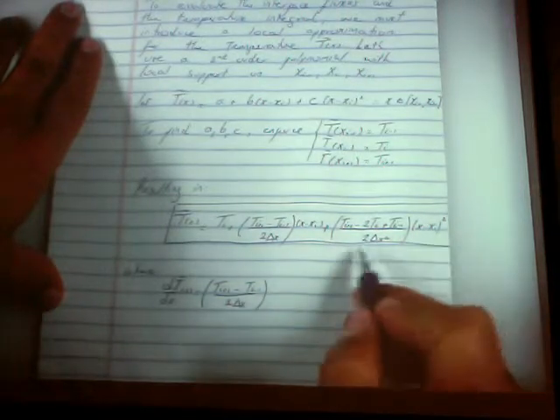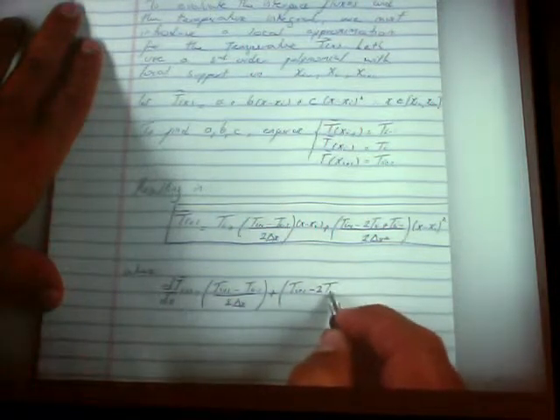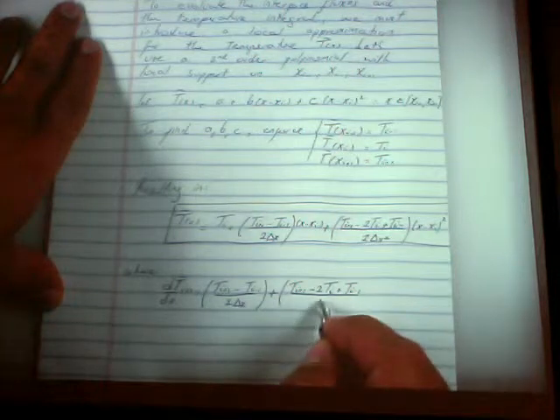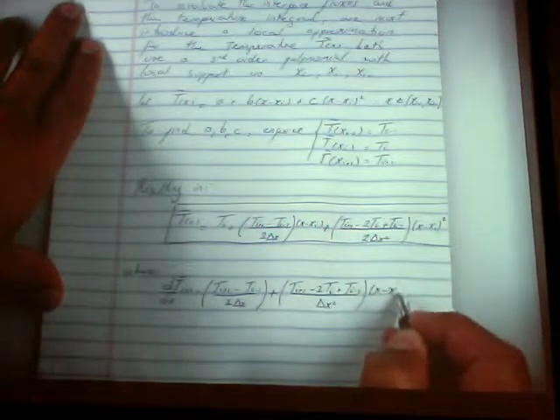It would be (T_i plus 1 minus T_i minus 1) divided by 2 delta x, and this 2 and this 2 will disappear, plus (T_i plus 1 minus 2 T_i plus T_i minus 1) divided by delta x squared times (x minus x_i).